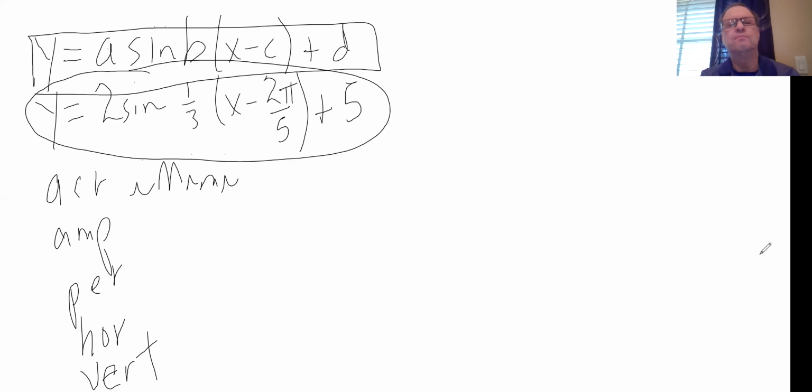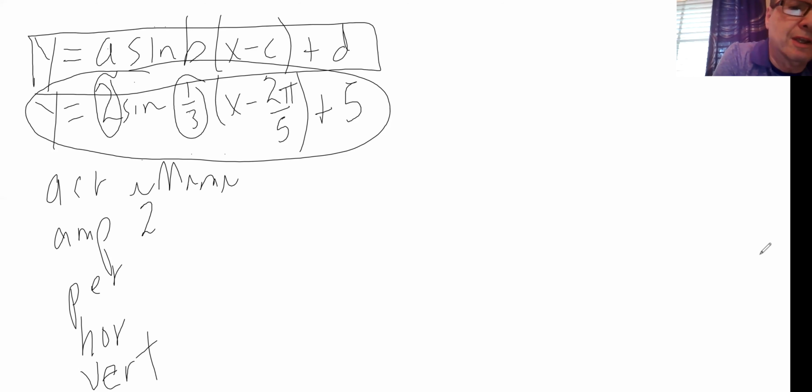Now the amplitude is the absolute value of A, and the absolute value of 2 is 2. Now the period is found by taking 2 pi, which is the fundamental period of the basic sine curve, the parent graph, and dividing it by the absolute value of B. And 2 pi divided by 1/3 is 6 pi.